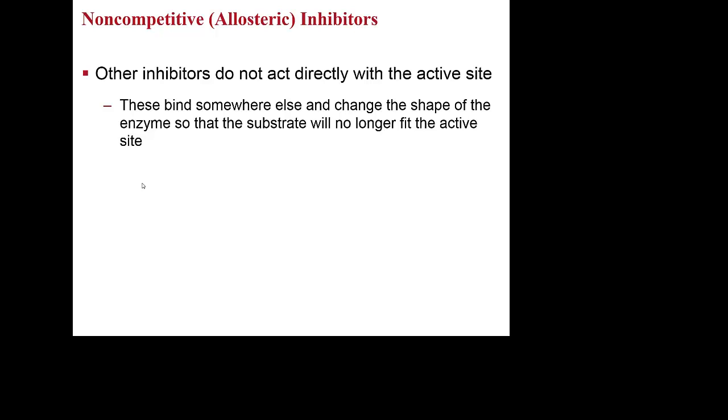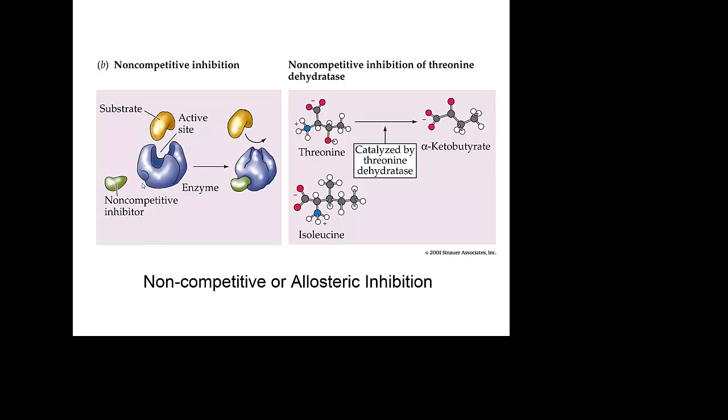Non-competitive or allosteric inhibitors actually are going to bind with something other than the active site, like we said. So in this case, our yellow substrate can't bind because this green non-competitor has come in, entered a different site, and changed the shape of my enzyme so that my substrate no longer fits.